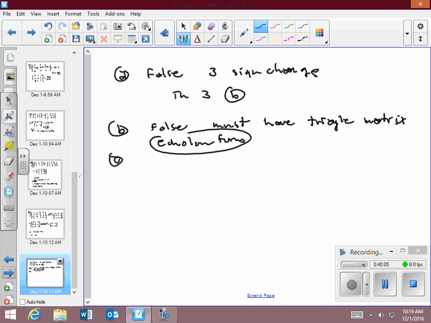C says, if determinant A is 0, then two rows or two columns are the same, or a row or a column is zero.